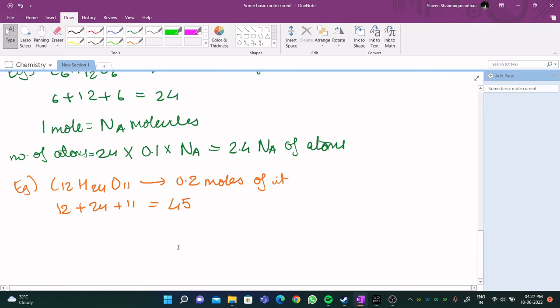Now, one mole has these many molecules, Avogadro's number of molecules.